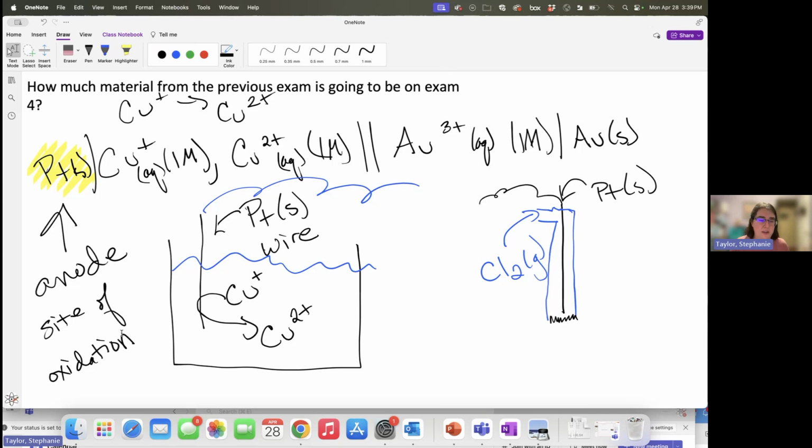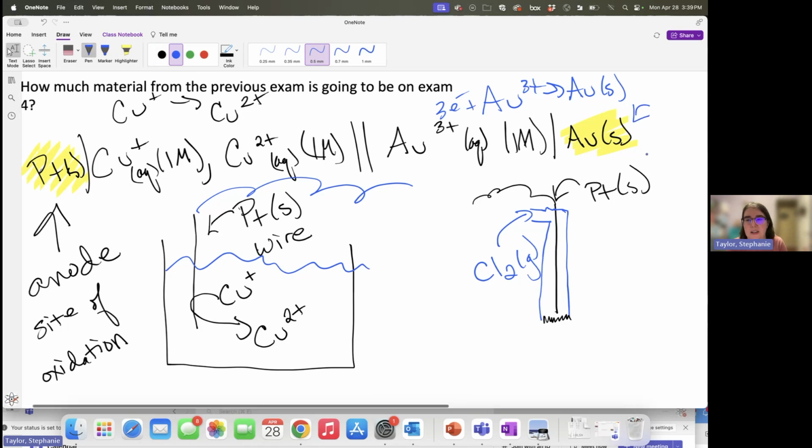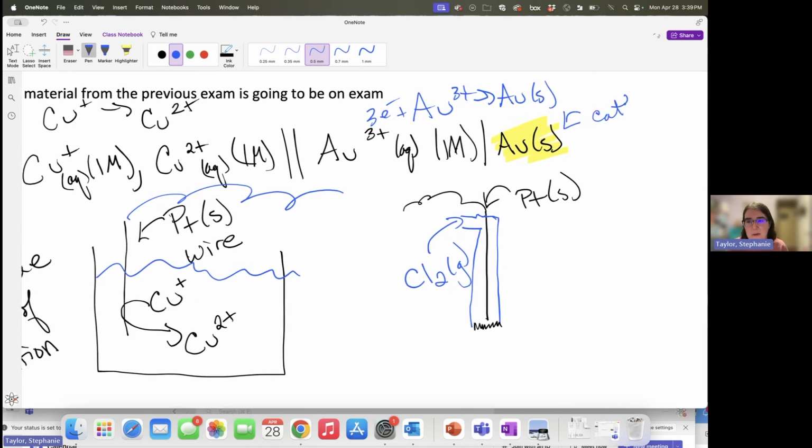When we take a look on the other side of this, because a lot of times what we do is we're like, well, oftentimes we have this thing. That's aluminum. I don't want aluminum. I want gold. So gold here is being reduced. And a lot of times we just go ahead and say, you know what, we are using a gold electrode. And then we point and we're like, ta-da, this is my cathode.